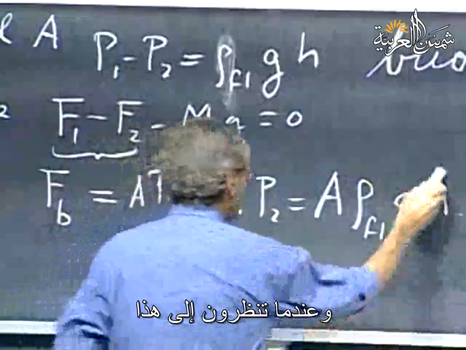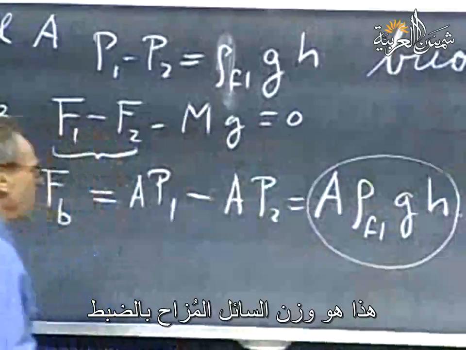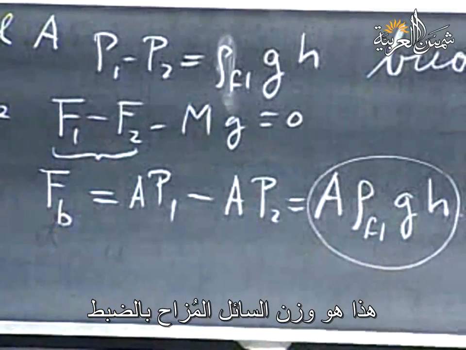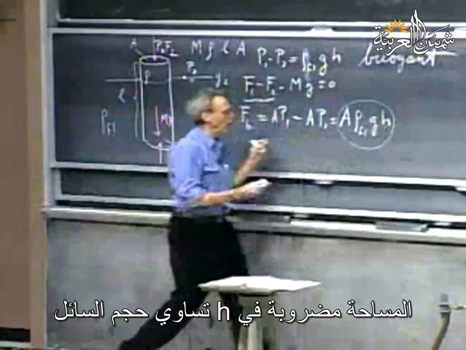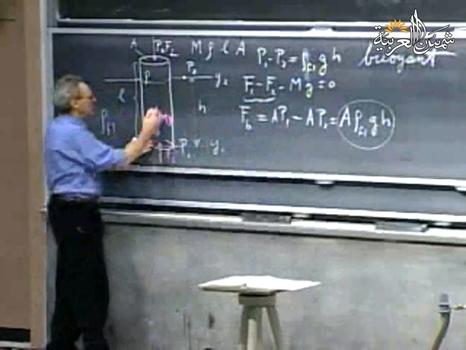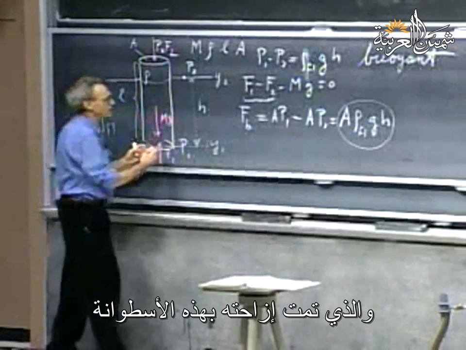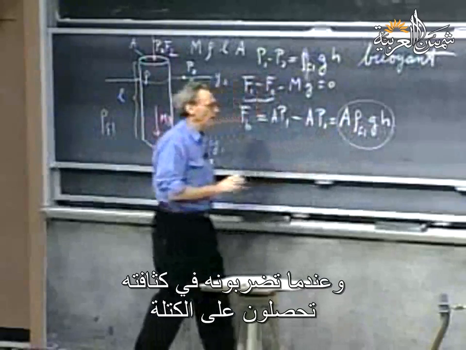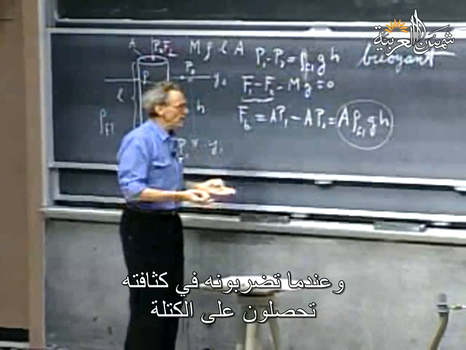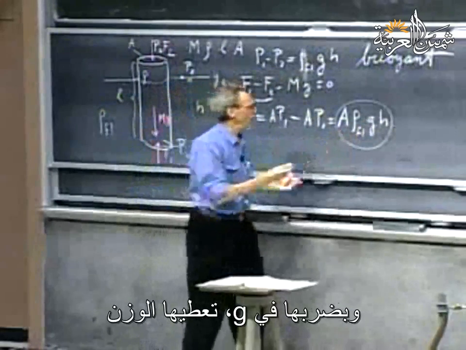And when you look at this, this is exactly the weight of the displaced fluid. The area times H is the volume of the fluid which is displaced by this cylinder, and you multiply it by its density, that gives it mass, multiplied by G, that gives it weight.